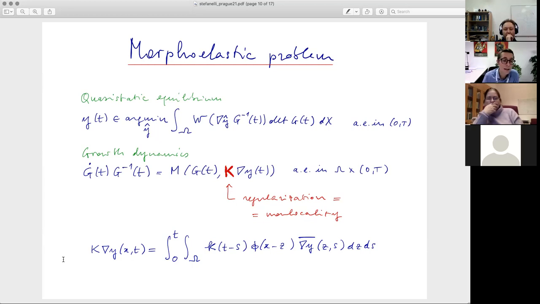It might take the shape that you see here. It could be a double convolution where you convolve a time kernel with a space kernel, and apply everything to this gradient of y bar. The bar means that you extend it trivially outside of omega.